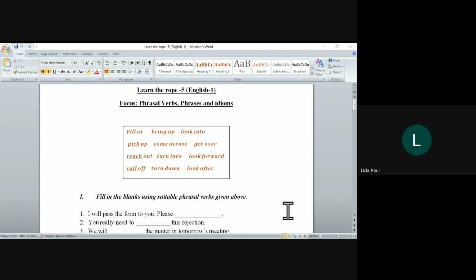In the case of pick up, the last sentence we discussed, pick up the paper, is also a literal usage of the phrasal verb. So some phrasal verbs may have both literal as well as idiomatic meanings, and many of them only have idiomatic meanings, like the call off example. Extended meaning basically is when it also has a literal meaning. Both idiomatic and literal meaning are available for the phrasal verb.